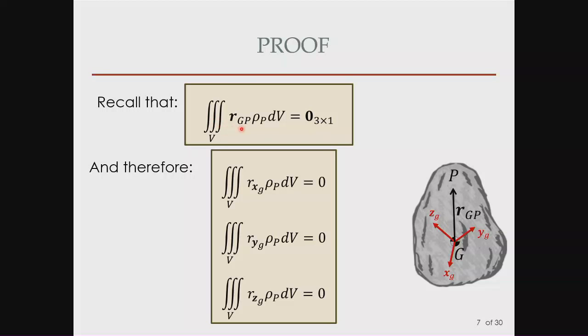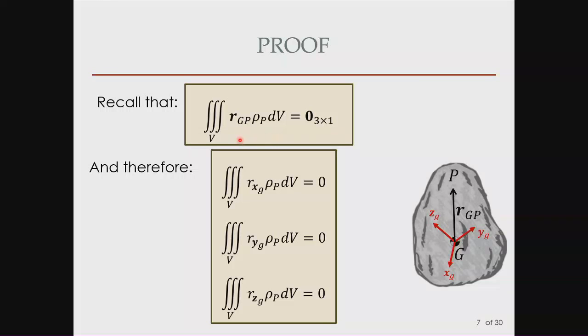Anyone doesn't? Does it ring a bell? Yes? No? Yes for this row? Okay. If not, return to the lecture about the linear momentum and center of mass, and you'll find it.